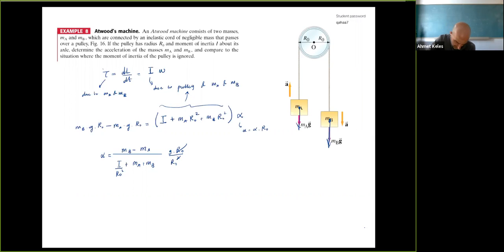And alpha is equal to MB minus MA divided by I over R naught squared plus MB plus MA, times, I think, G over R. Then A is equal to MB minus MA divided by I over R naught squared plus MB plus MA, times G.